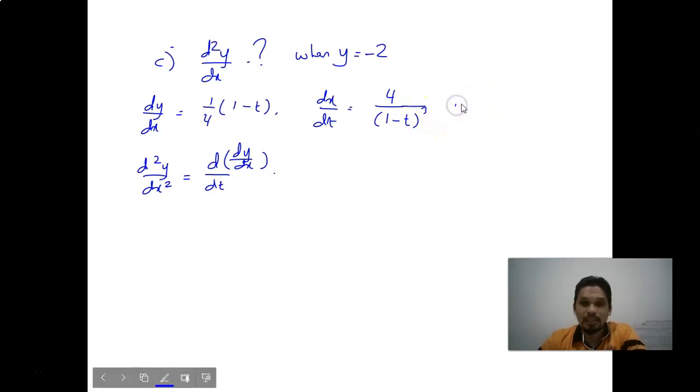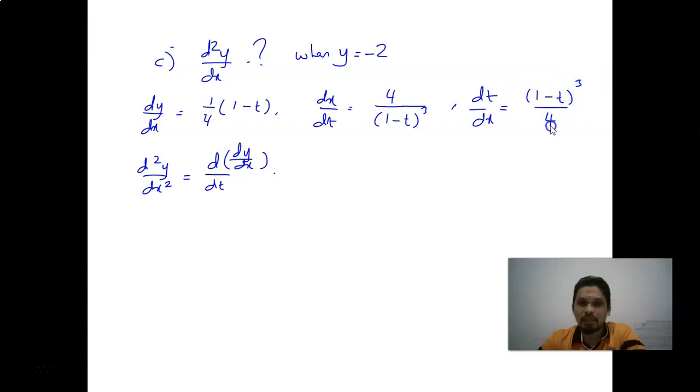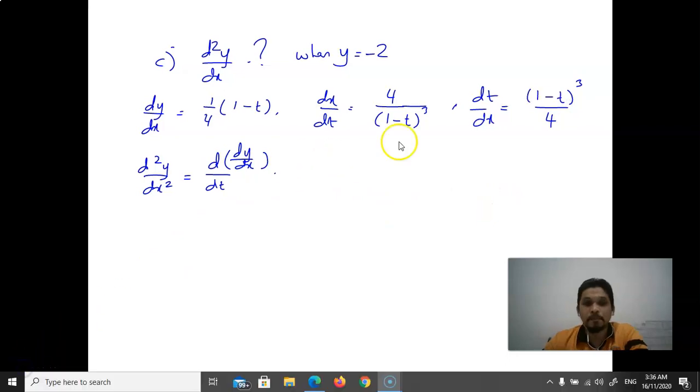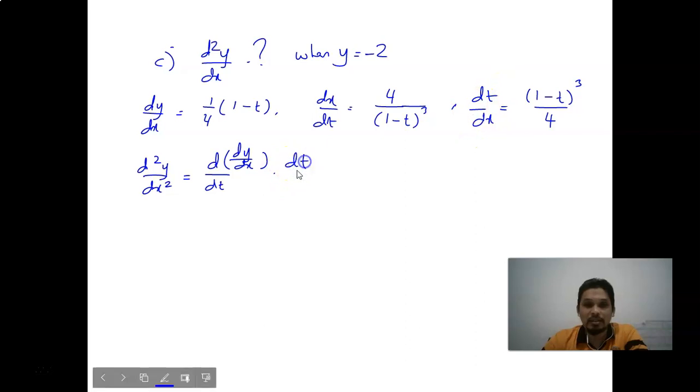So then dt/dx equals 1 minus t cubed divided by 4. So we are going to find this first. This is our dy/dx, so we differentiate dy/dx with respect to t.